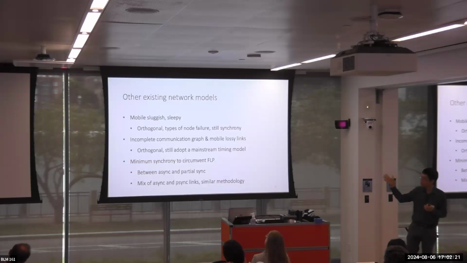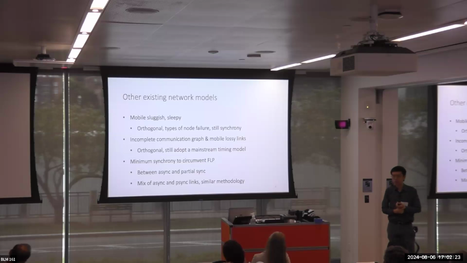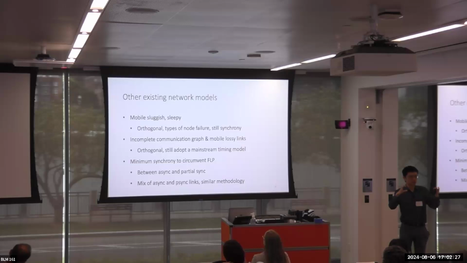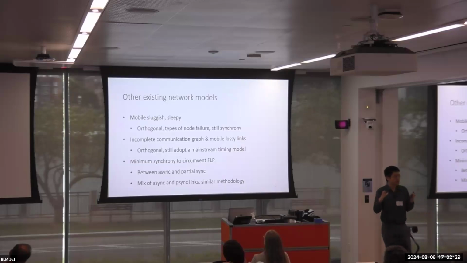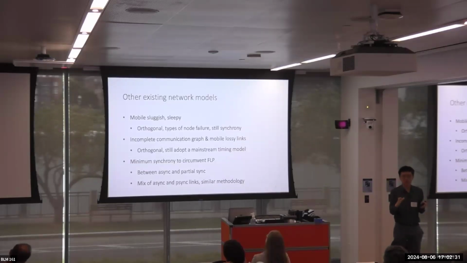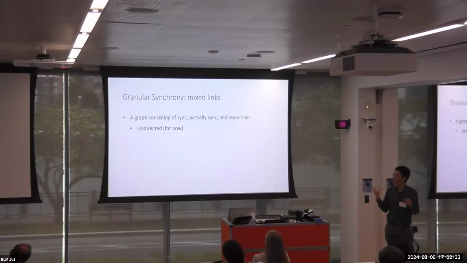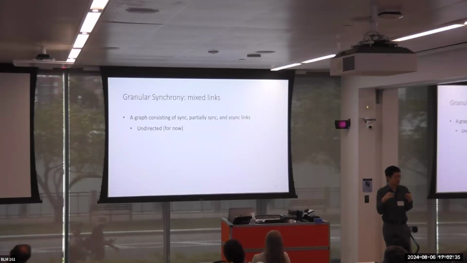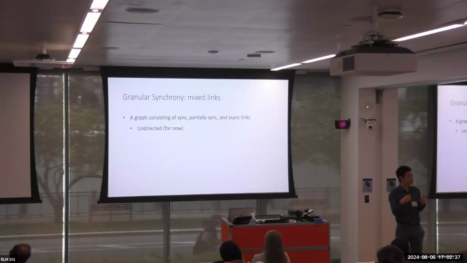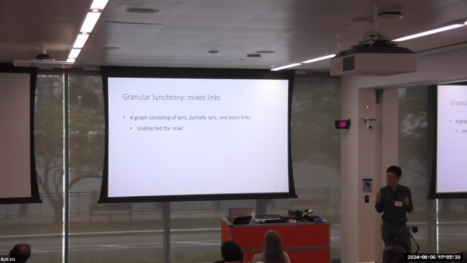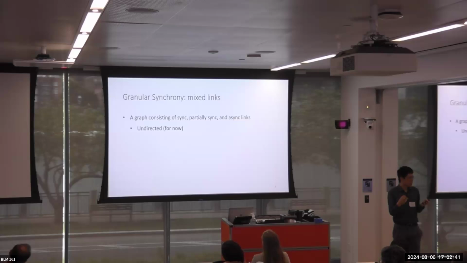But their methodology is very similar to what we're going to do. We're going to assume the network is a graph consisting of different types of links. In particular, for us, it will be a graph consisting of all three types of links: some links are synchronous, some links are partially synchronous, and some links are asynchronous, okay?